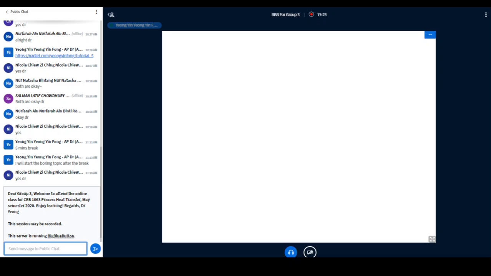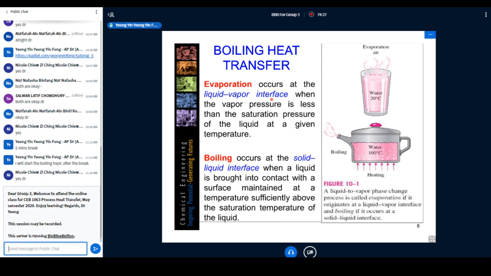So you can differentiate between evaporation and boiling by looking at this figure. This is evaporation. It happens at the liquid vapor interface. Boiling is at a solid liquid interface. Heating is provided here at the bottom, maybe a circular kind of boiling kettle.